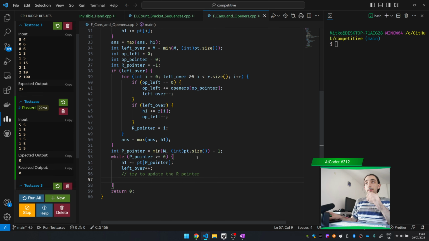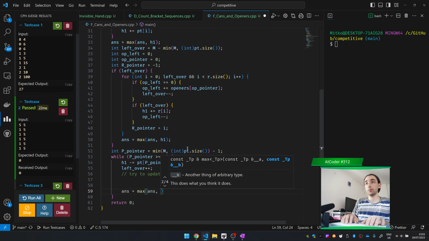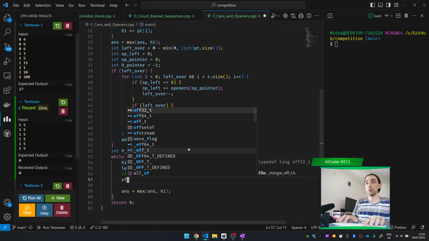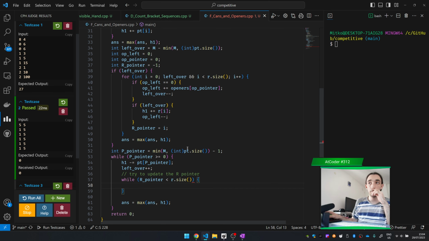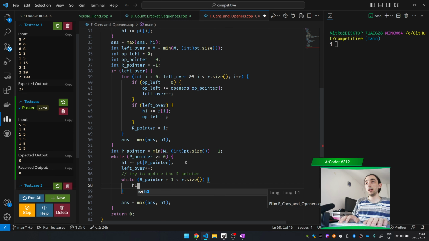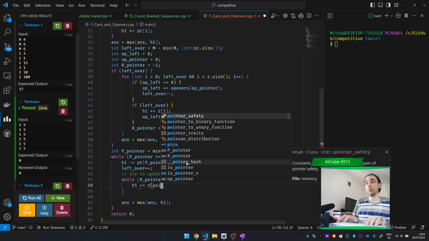And then I will have some maximization of the answer. So the R pointer will be: while R pointer plus 1 is smaller than R dot size, H1 plus R at R pointer.